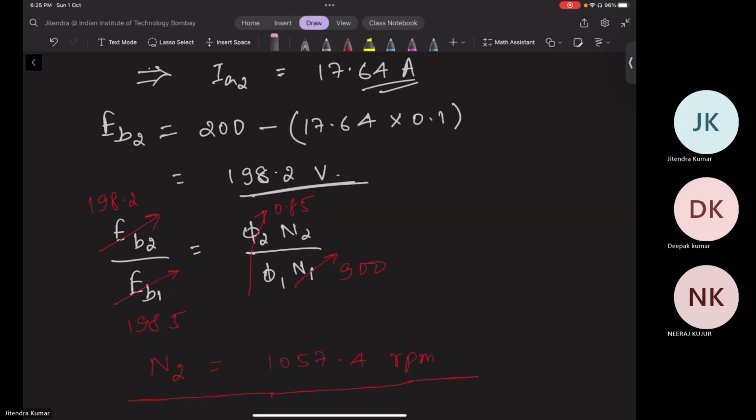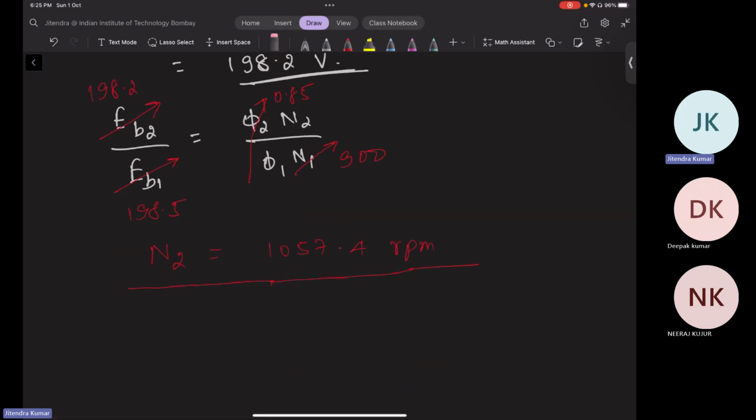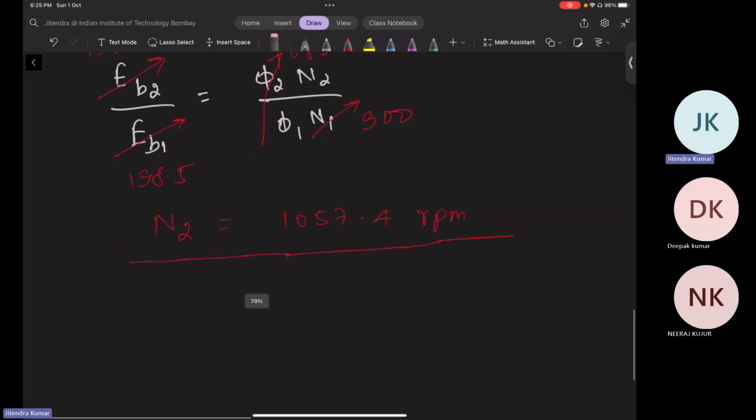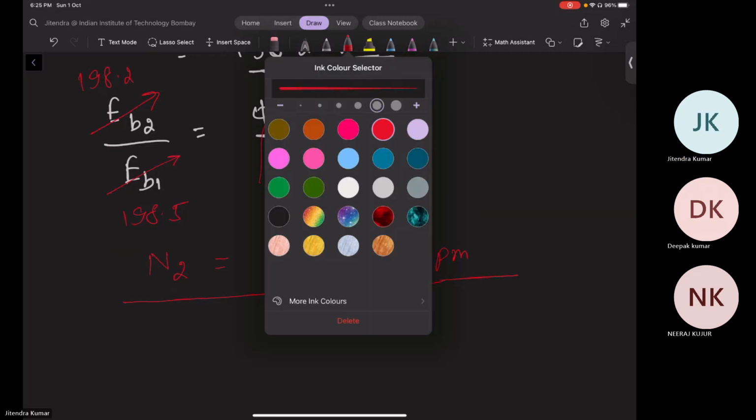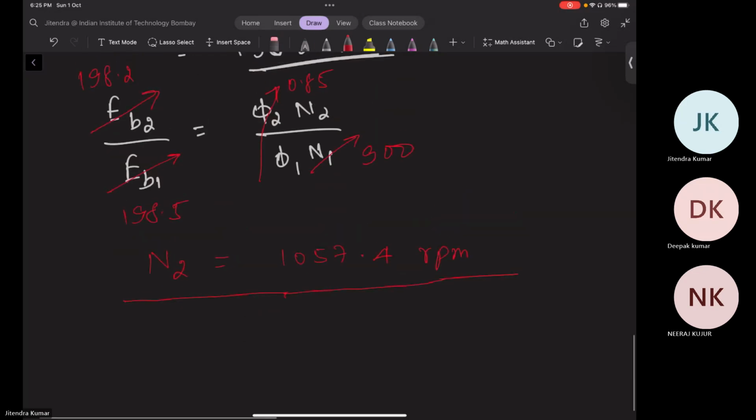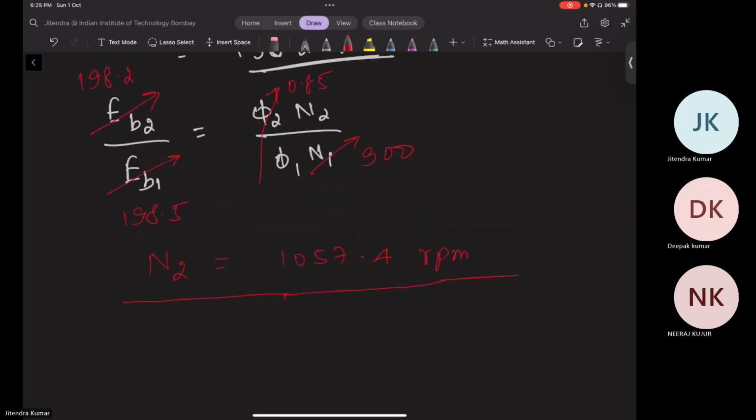Yes, sir. Any question in this? No, sir. Okay, great. So after settling at this speed, I am introducing a new condition for the transient period. Now at this condition, your field flux is brought back to its initial condition, equal to phi rated.